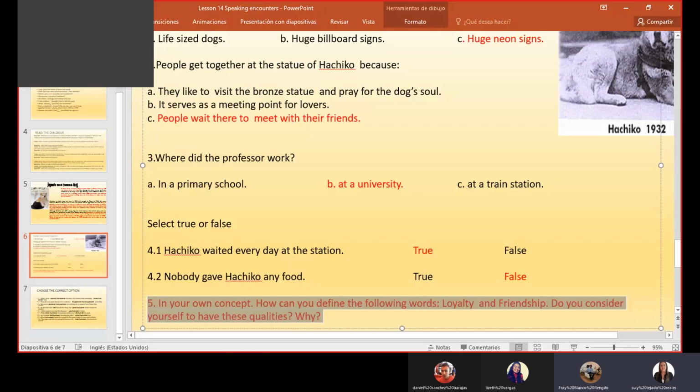Yes, of course. Teacher, first of all, as always, I believe that I am a friendship person. Why? Because I have a lot of friends. And with my close friends, I am very strong and very loyal. Why?